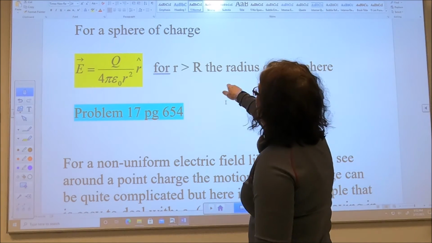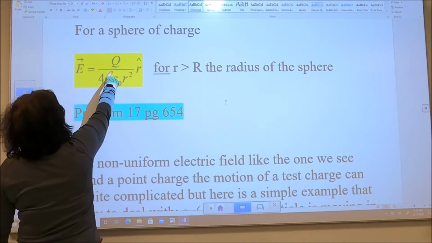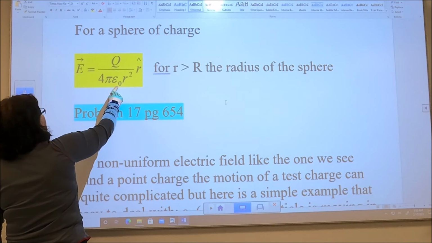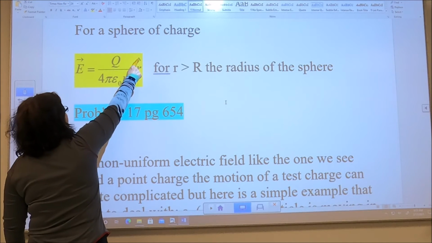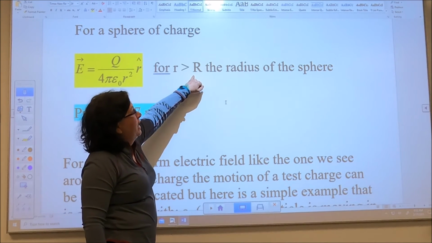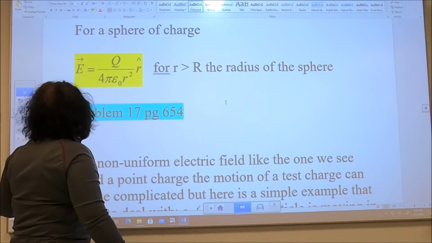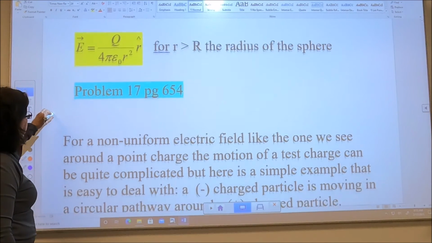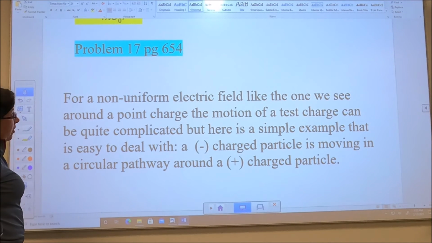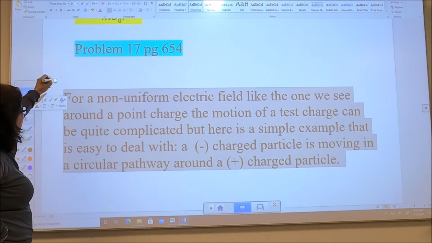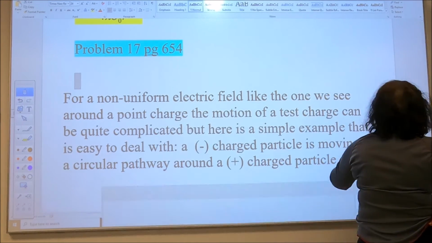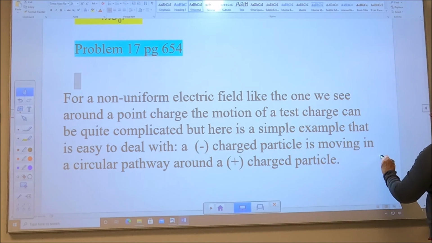E, the electric field beyond the surface of the sphere, is equal to Q, the charge on the sphere, divided by 4 pi epsilon 0 r squared, r hat, and r has to be greater than capital R, the radius of the sphere. Okay? When you look at problem 17, it's a plug and chug problem. I'm not going to bore you with it since you're watching a video.